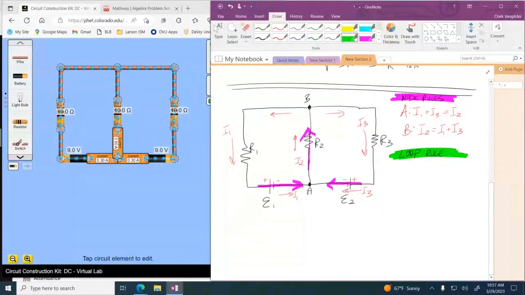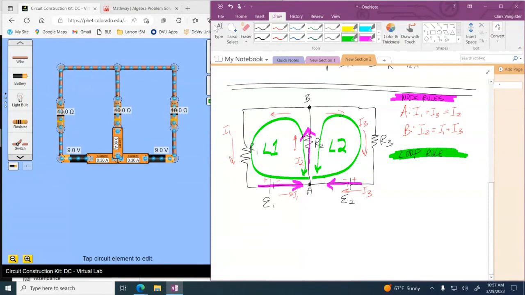So I am going to center everything on position A. And so I'm going to call loop 1 that traversing of the circuit, and that's clockwise. And then I'm going to go counterclockwise for my loop 2. And then for my loop 3, I'm going to go all the way around in a clockwise fashion, and that will be my loop 3 traversing.